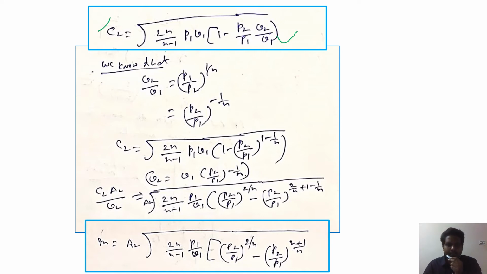Now we know that V2 by V1 equals (P1 by P2) whole power 1 by n. If you reverse, we can write it as (P2 by P1) whole power minus 1 by n. This term we will now substitute in this equation.